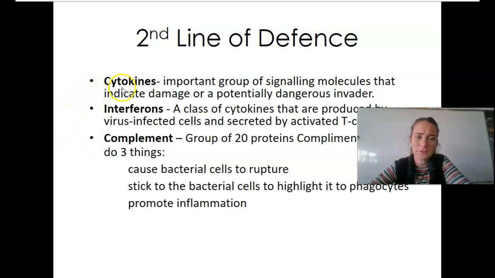All right, so the first one we're already familiar with from looking at signaling molecules. Cytokines, hopefully you remember that in general, we talked about them being signaling molecules of the immune system. They indicate damage or potentially dangerous invaders.